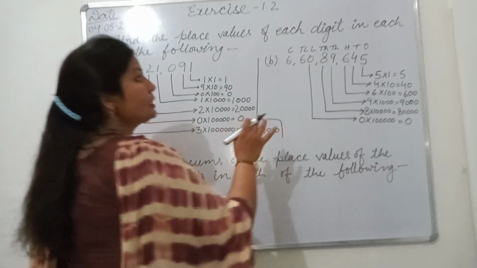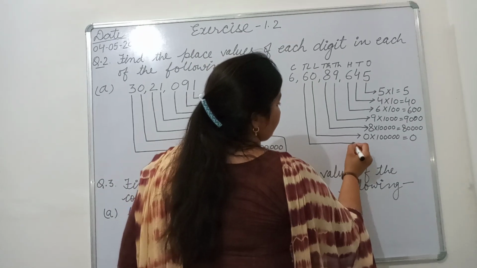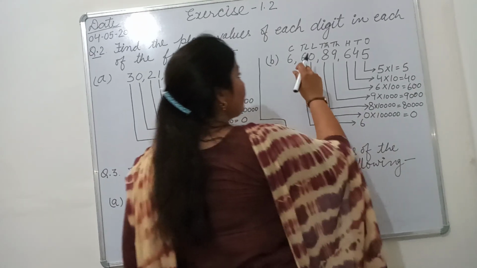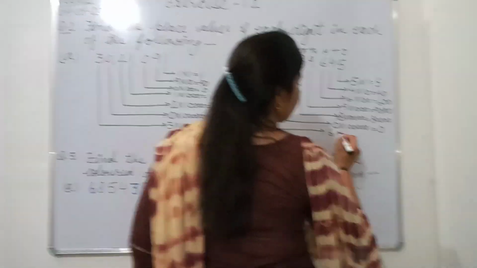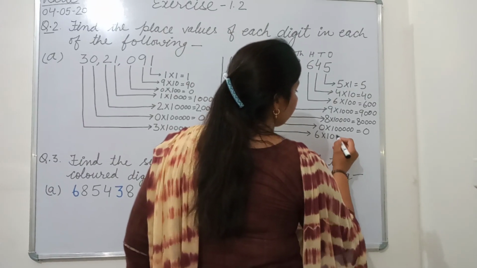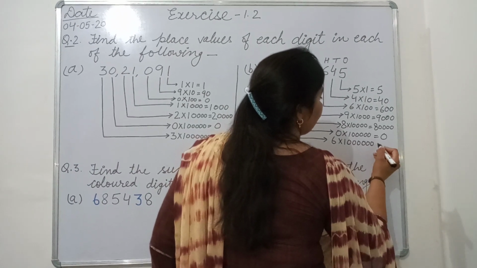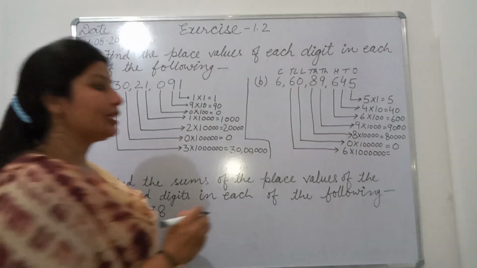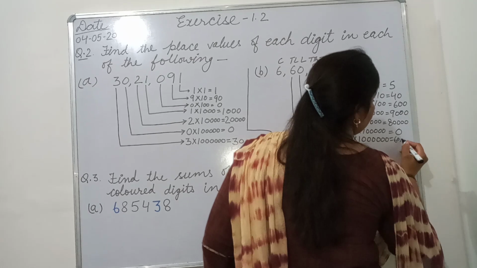Okay. Next is 6. So 6 is on which place? On 10 lakhs. So 6 multiply by 10 lakhs. So when 6 multiply by 10 lakhs, it becomes 60 lakhs. So 60 lakhs.